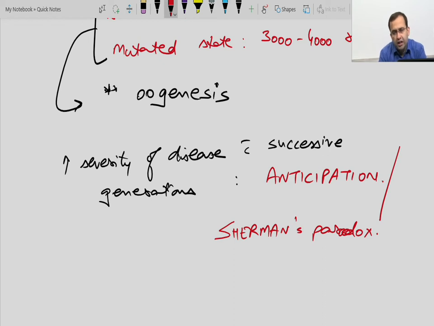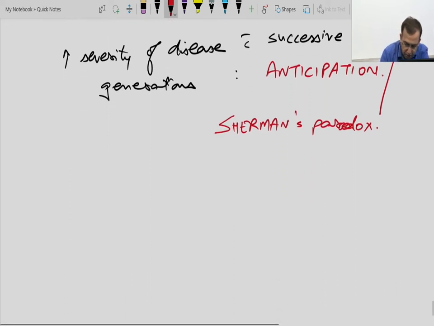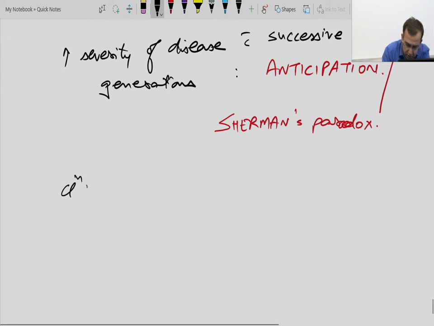This is Fragile X syndrome. Last point, clinical features. Clinically, obviously it is associated with mental retardation.